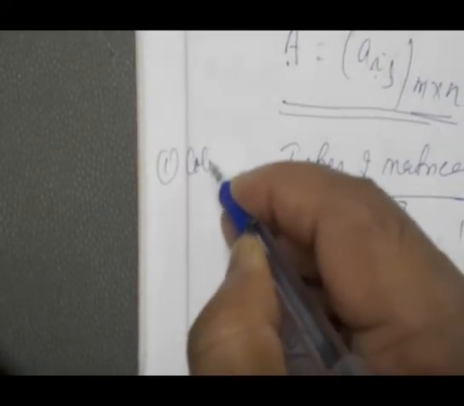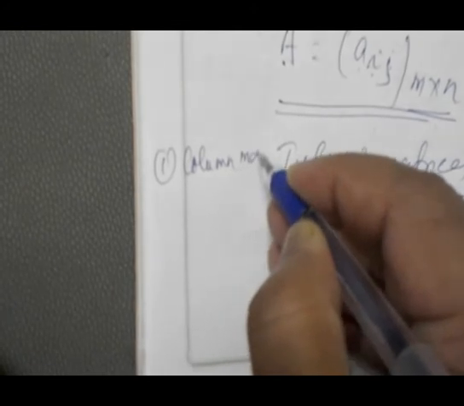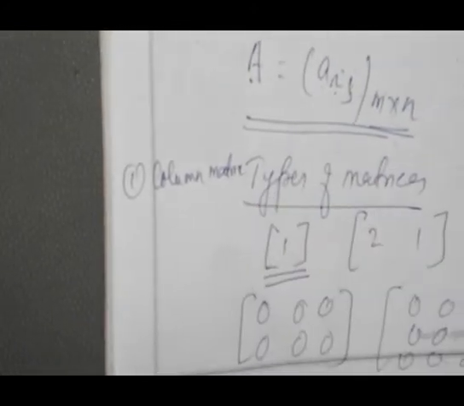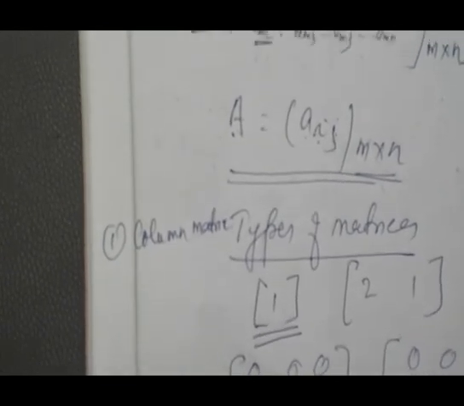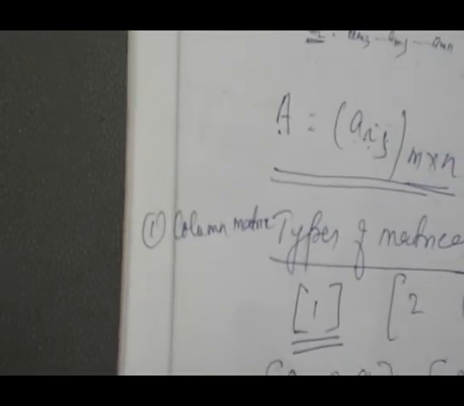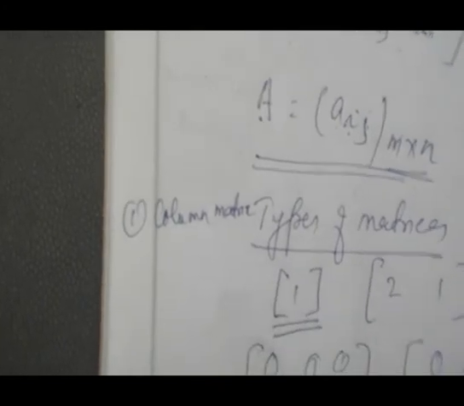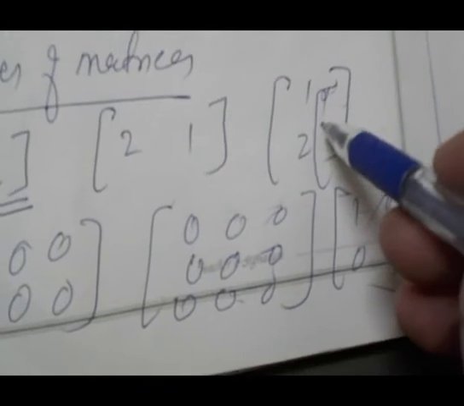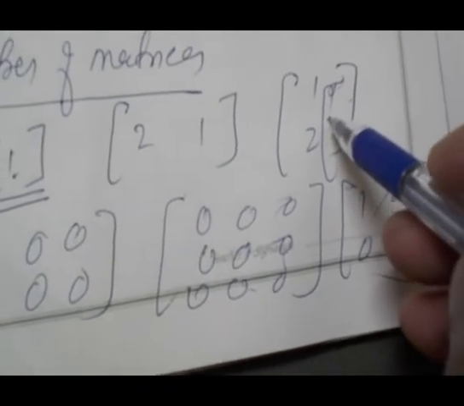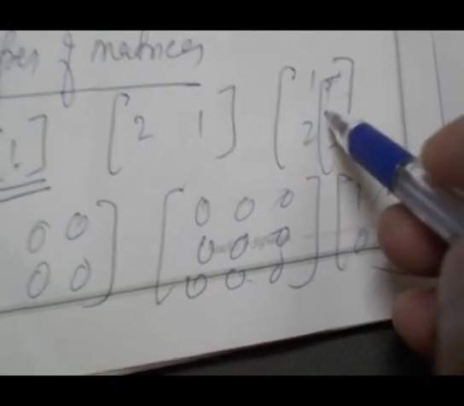So first we study the column matrix. A column matrix is nothing but a matrix that contains only one column. The number of rows may be different. So these two are examples of a column matrix.